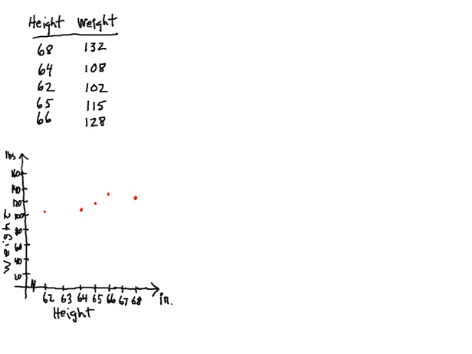Now we want to draw a regression line through the data set. And to do that, I will try to approximate that, drawing a line through the data, sort of averaging its way through the data. Now I want to find an equation for that line.